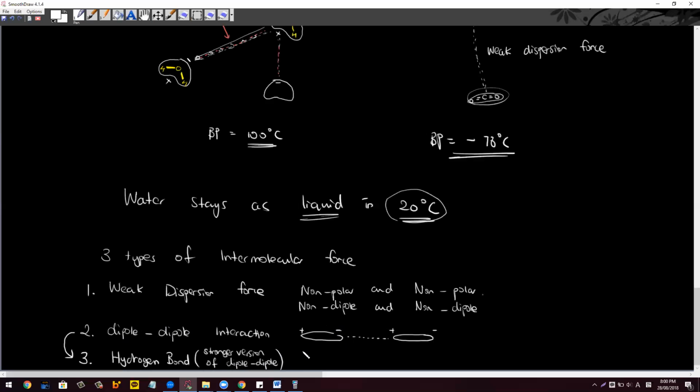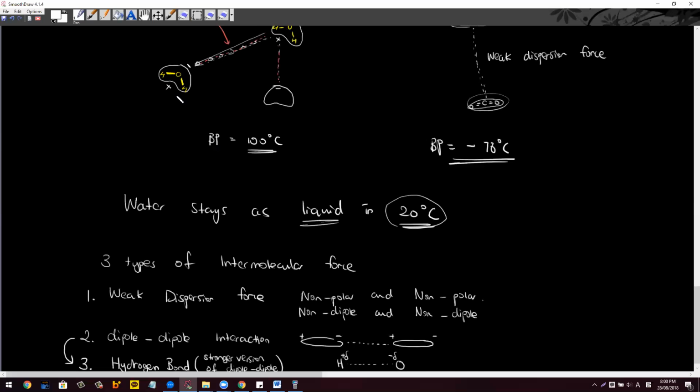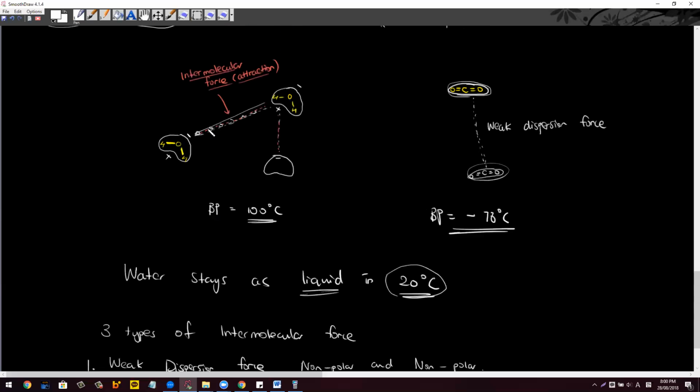Okay, so what is it? It's between hydrogen, which is slightly positive, and oxygen, which is slightly negative. So you see here, this is oxygen here, right? And it's attracted to hydrogen there, true?